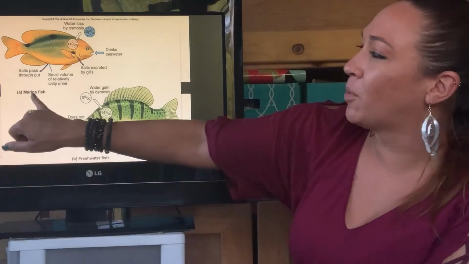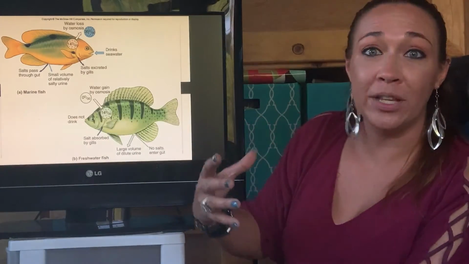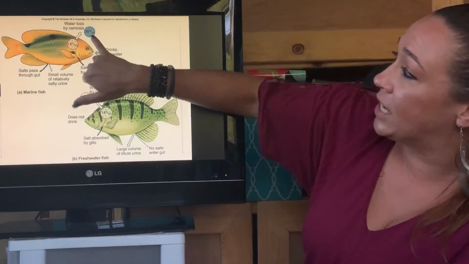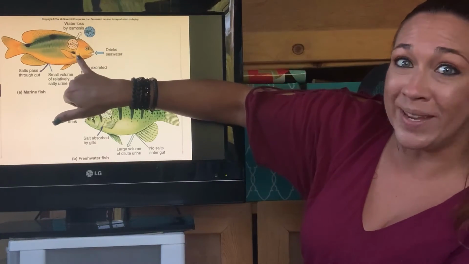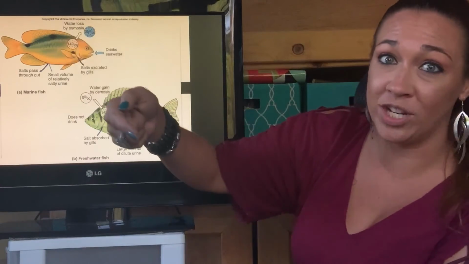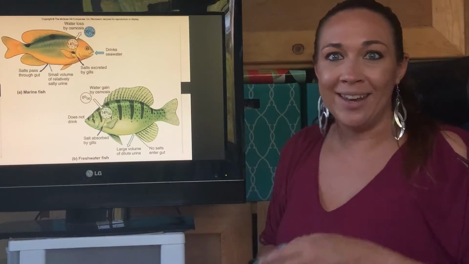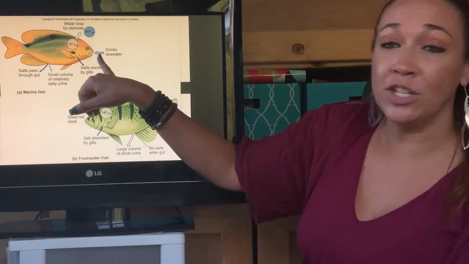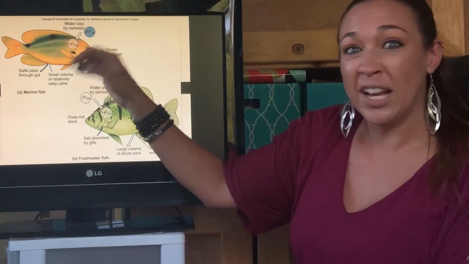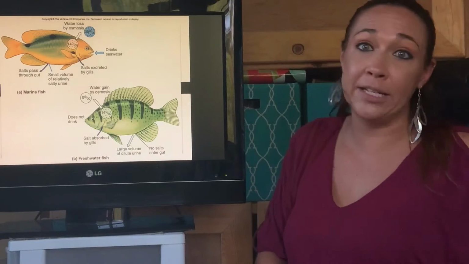Anyway, so we have a marine fish, okay? A marine fish lives in a very salty environment. So you can see the salt concentration is way higher than the internal concentration, which means that salt is going to rush in. If that salt is going to rush in, he's going to dehydrate. So that's not what he wants. That's why he's going to drink a bunch of seawater, because he's already got that salt coming in. So he's like, man, I need some of this water.